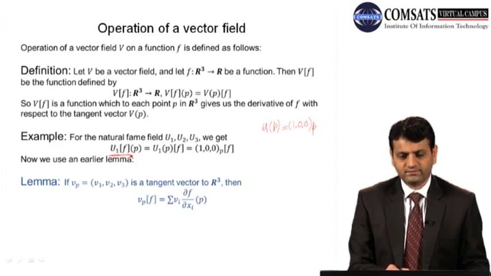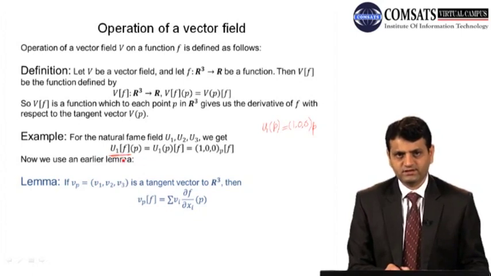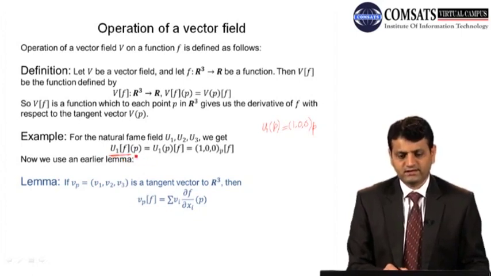It's a function, and what are the images of this function? So let's calculate the image of this function u1 of f at point P. This is just equal to u1 of p at f, in other words, the directional derivative of f in the direction of u1 of p.